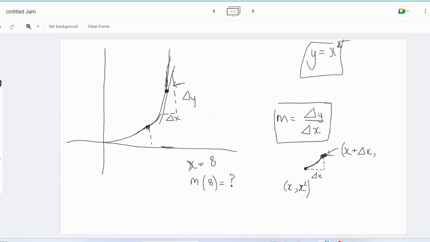Or rather, what is the new y coordinate? Think about it. We've got an equation that maps an x coordinate to a y coordinate. So my x plus delta x can be put into this y equals x squared equation and give me x plus delta x, the whole thing squared, as the y coordinate.